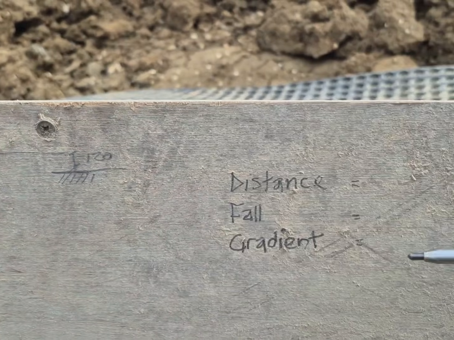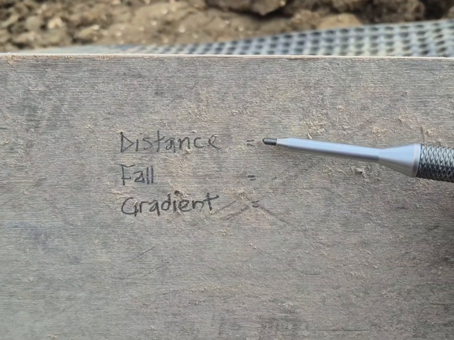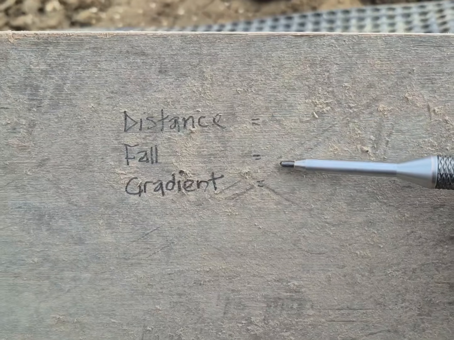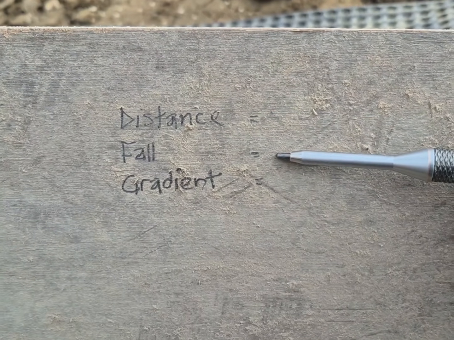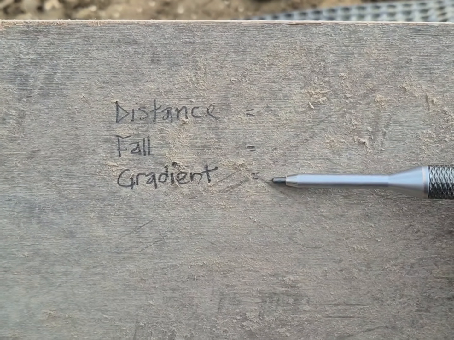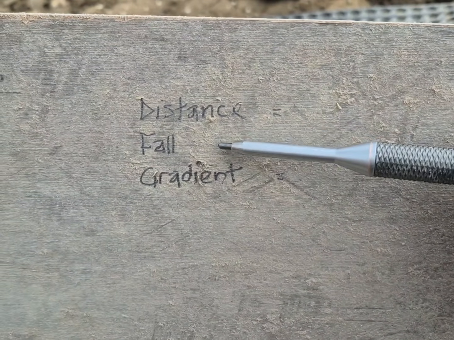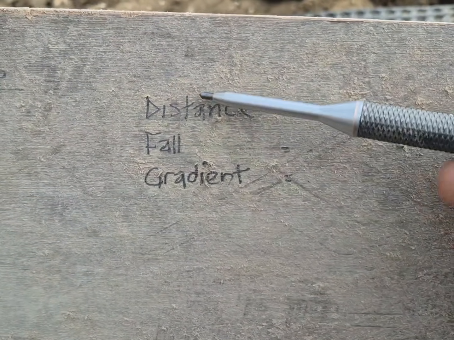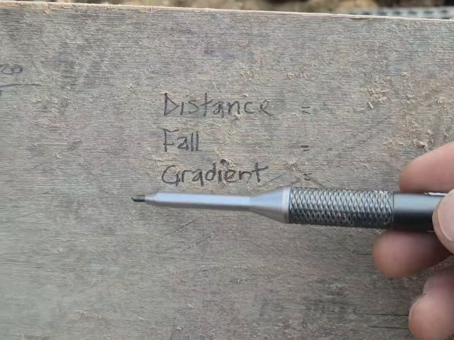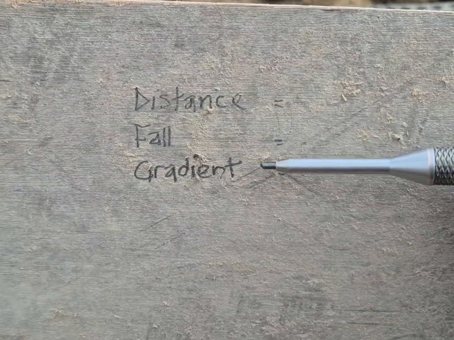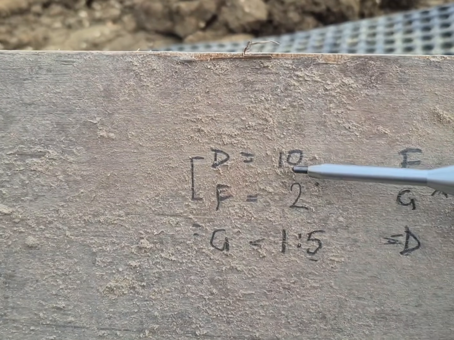So to work out what the gradient is going to be, we just need the distance divided by the fall, and that will give us the gradient. And if we want to work out falls or distances, all we need are these three figures. So for example, here we go, this is what we're going to be doing here.